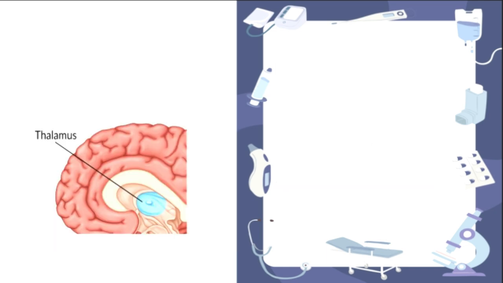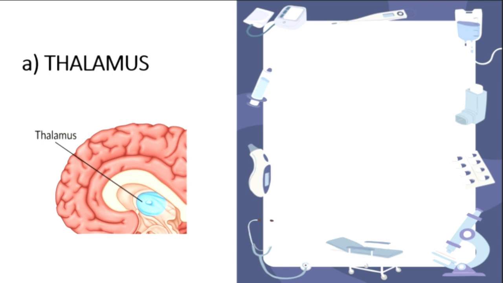So next we are going to learn about the diencephalon. As we know, the diencephalon consists of the thalamus, hypothalamus and epithalamus. As in the picture you can see, the diencephalon is present in the superior part of the brain, the upper part.